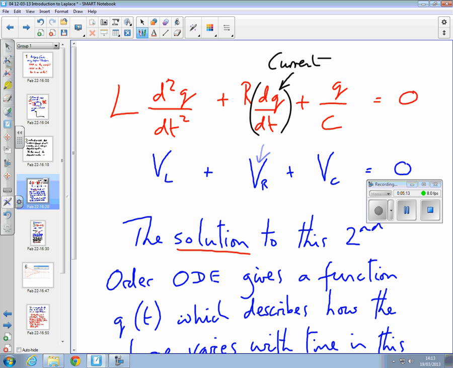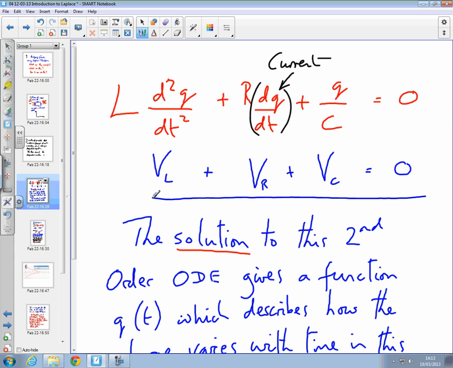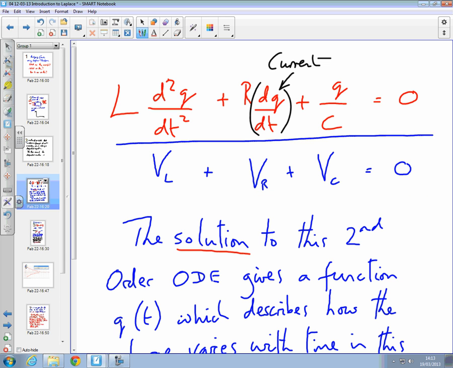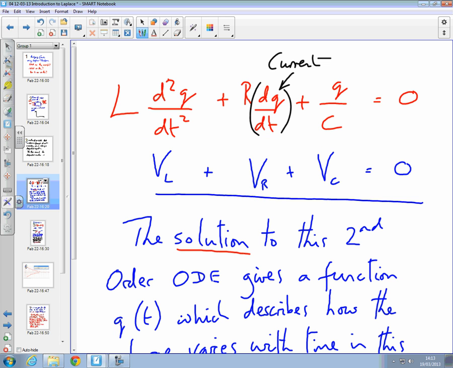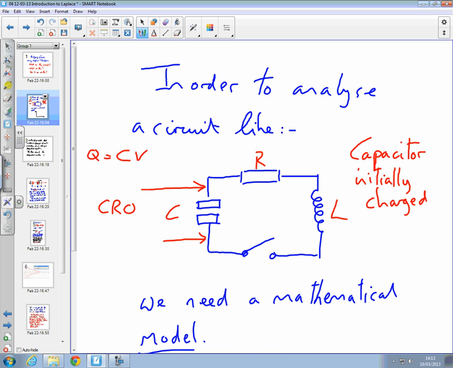So what I have here is this measured or written in a way that we can solve it as a differential equation. So this is a differential equation. All it is, though, is this. And if we look back at this circuit on the previous page, what's the voltage at any given time in this circuit?